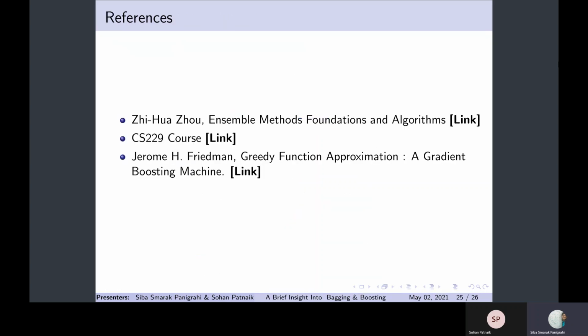These are the references we have used, and they are extremely good actually. The first is a book by Zhi Hua Zhou, Ensemble Methods: Foundations and Algorithms. We have provided the link. That is a fantastic book on ensemble methods only. And then there is the CS229 course, with the link provided again. I recommend you go through the last 10 pages or so of the CS229 notes for the boosting part.